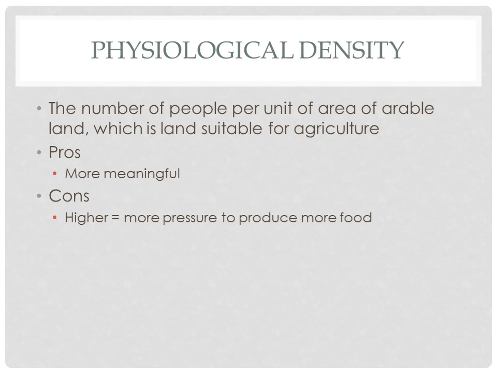So how many people do you have? How much land do you have to grow food for them? And if your number is low, then you have either low population or you might have more land in order to feed those people. Now, if you have a high physiological density, that means there's a lot of pressure on that land. Either you don't have very much land or you have a very large population, or both.